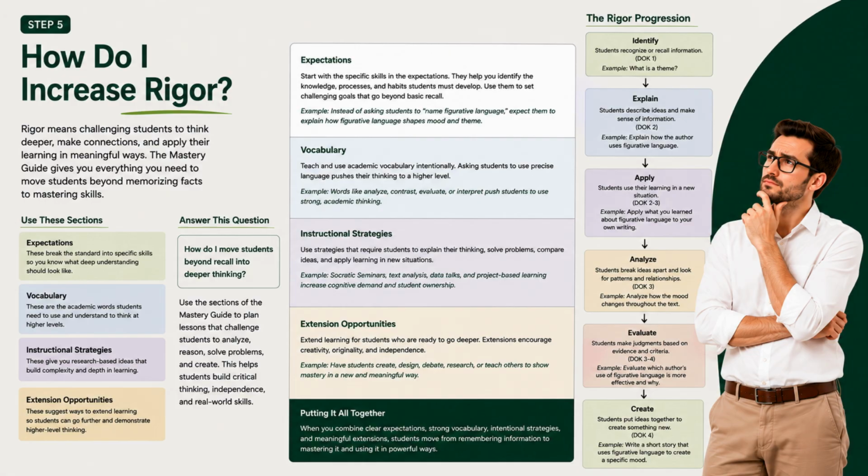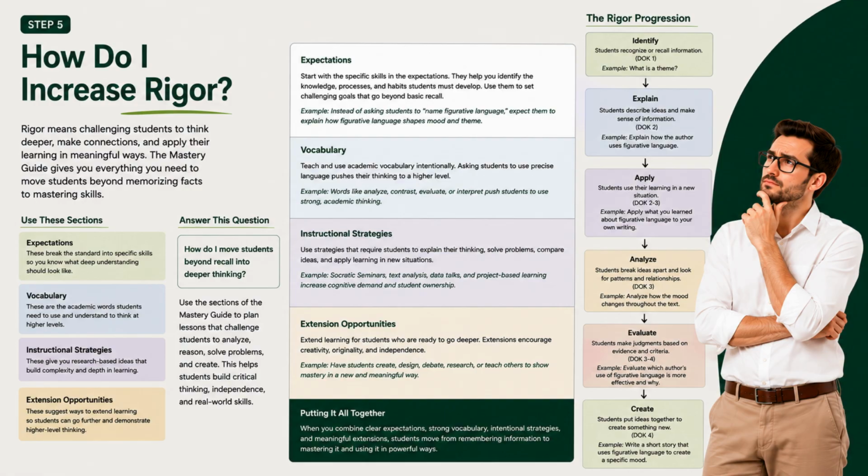Rigor isn't about giving students harder work. It's about asking them to think more deeply about what they're learning. The Mastery Guide helps you increase rigor by moving beyond simple recall to analysis, evaluation, and creation. Start with the expectations to identify the level of thinking students should reach.